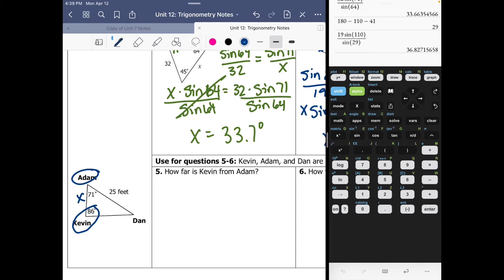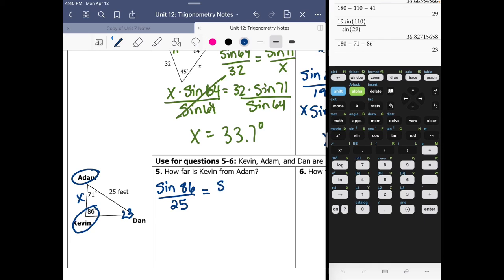So that means that we have to do the sine of 86 over 25 equals, oh, I did that wrong, didn't I? No. Oh, I forgot to subtract and get this. I knew there was something missing. So 180 minus 71 minus 86. So that's 23.